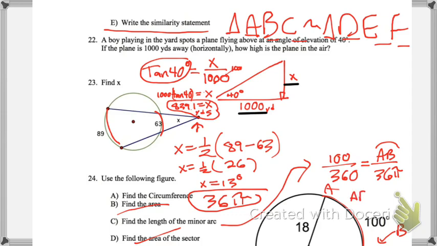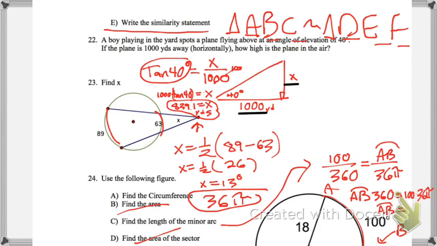So I'm going to do a couple steps at once. AB times 360 is equal to, sorry about that, that's 100 times 36 pi. Okay, and then I divide both sides by 360.